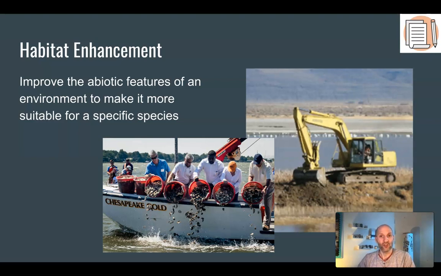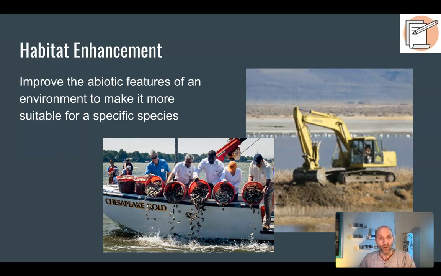Maybe you've heard that the Chesapeake Bay has oysters. Oysters like to live on top of old oyster shells. So in order to make the Chesapeake Bay more fit for oysters to grow, ecologists have been adding millions and millions of oyster shells to the bay. By adding those oyster shells, we can help the oysters that live in the Chesapeake Bay grow and reproduce.